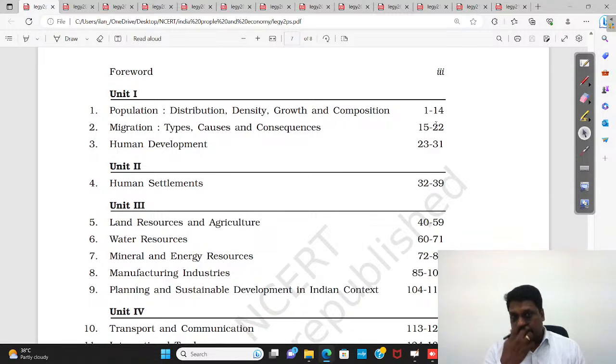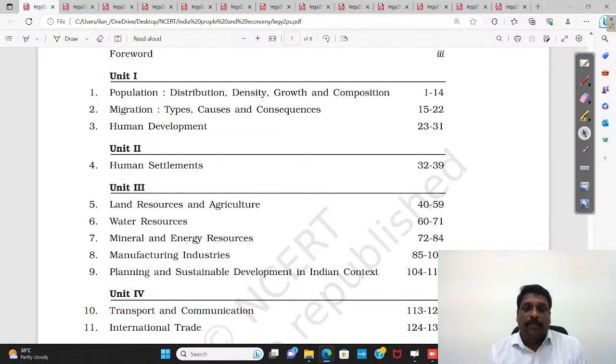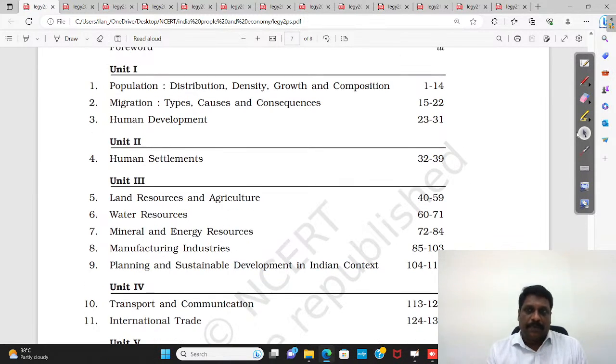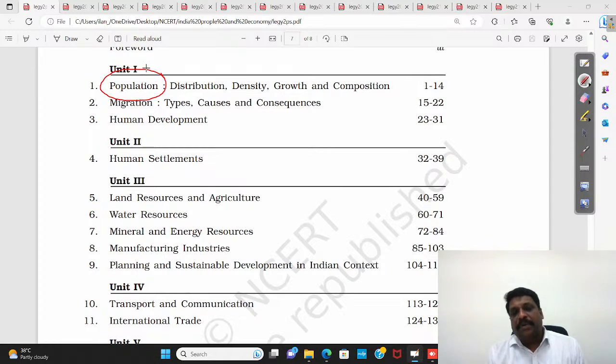So having said this, what are the topics I have to cover from this particular book? I'll tell you. For example, population. Maybe by the time you write the examination next year, I feel that population may become a very important topic. If you ask me why, when I talk about population, my dear friends, of course, if everything goes well, we'll be going for the census.